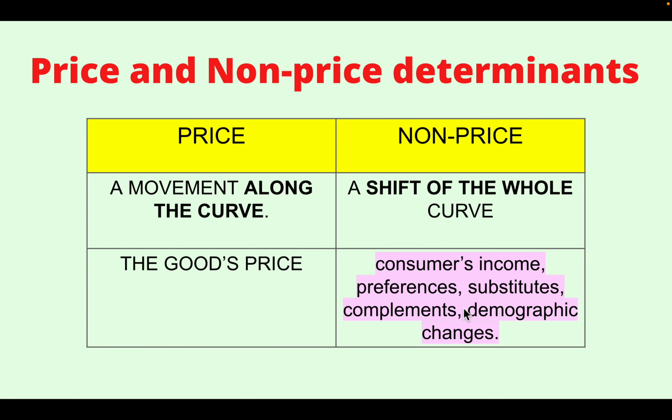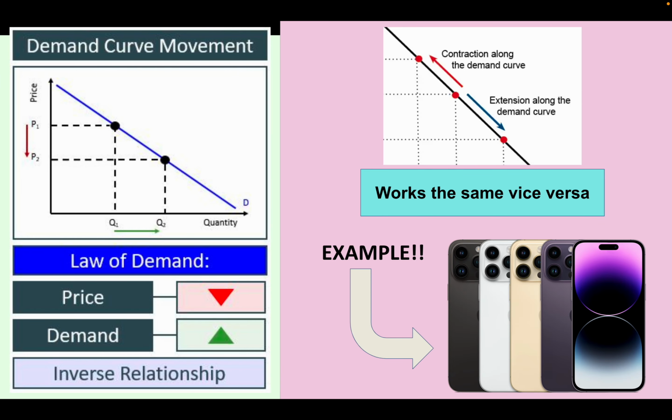This is the good or service's price, and there are also non-price determinants. These affect the whole curve, so they shift the whole curve, and I'll show you a diagram of it later. Some factors can be consumers' income, tastes and preferences, price of related goods, expectations, and so on.